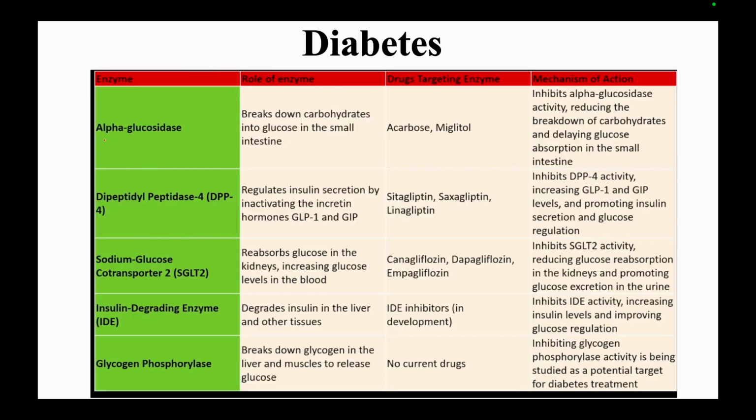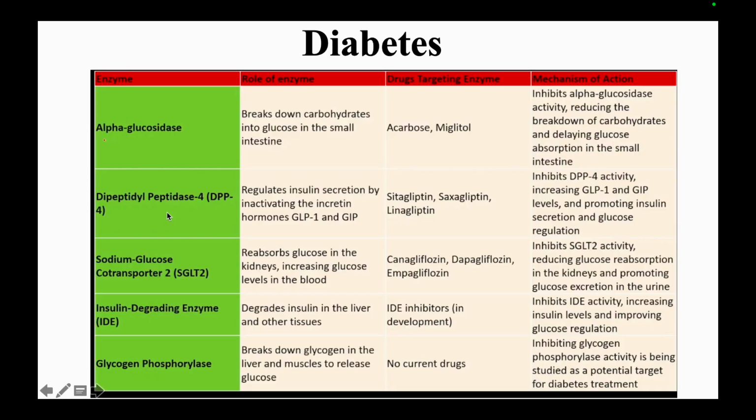The drugs that target this are acarbose and miglitol. Alpha glucosidase breaks down more carbohydrates and increases the blood glucose level, so these drugs target the enzyme directly, reduce its activity, and thus decrease the blood glucose level.